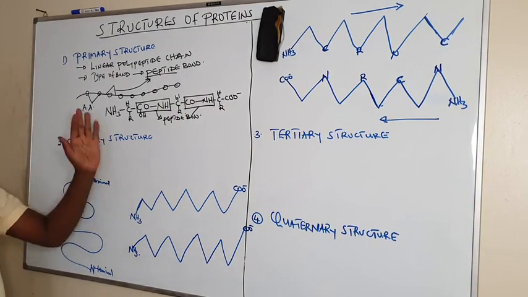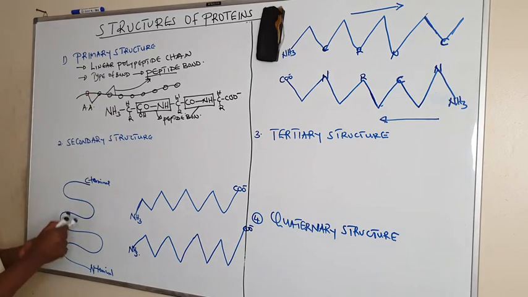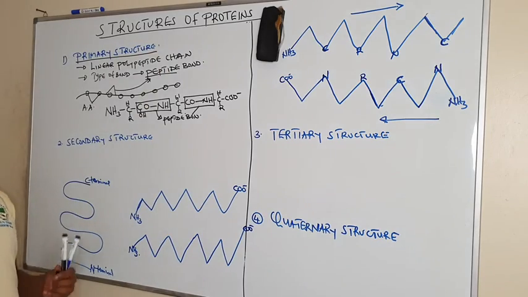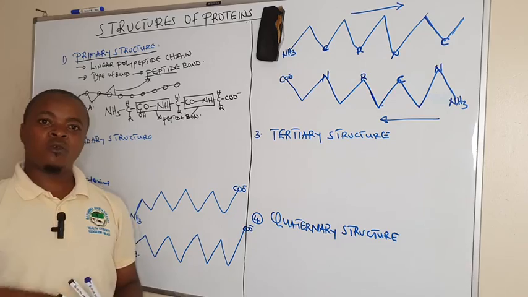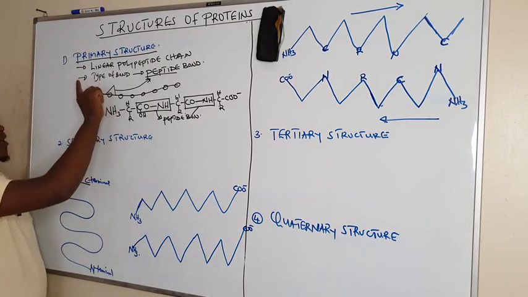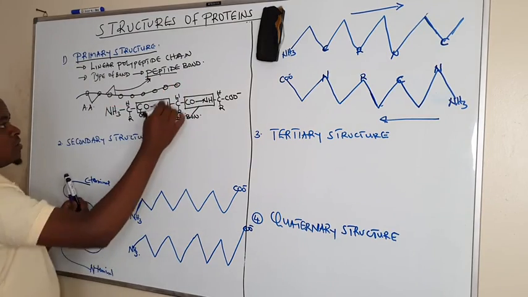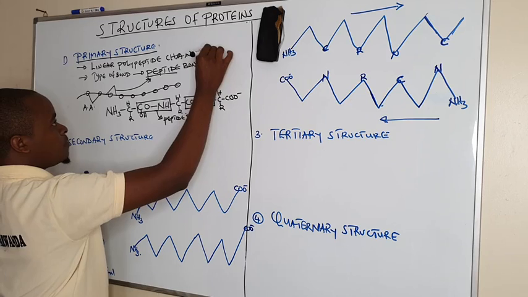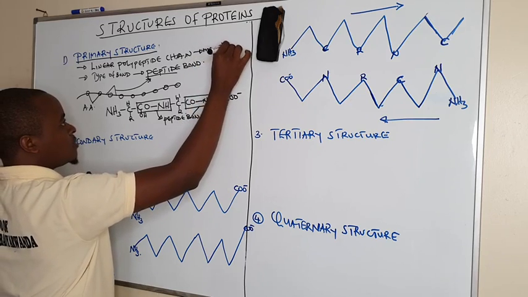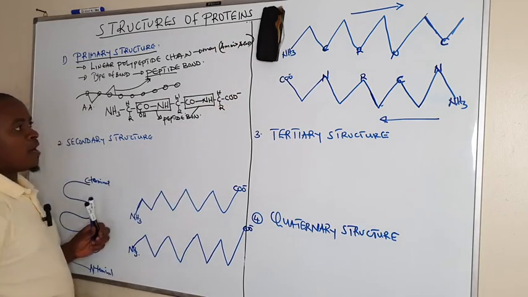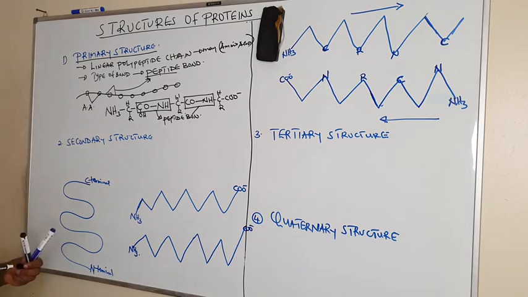One thing we have to note under primary structure is that it is the basis of all other types of proteins. It is a linear polypeptide chain composed of many amino acids, and these amino acids are joined to one another via peptide bonds.